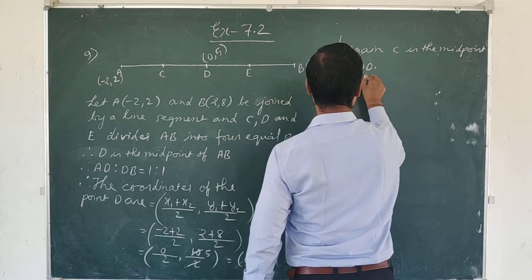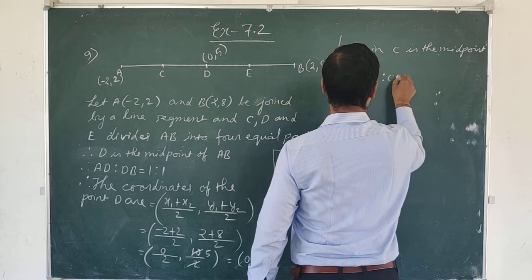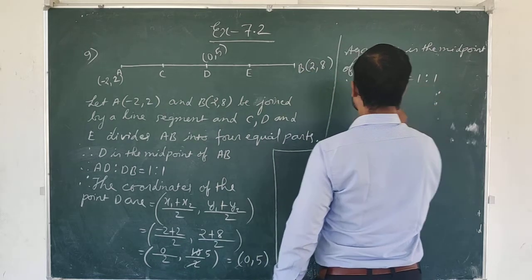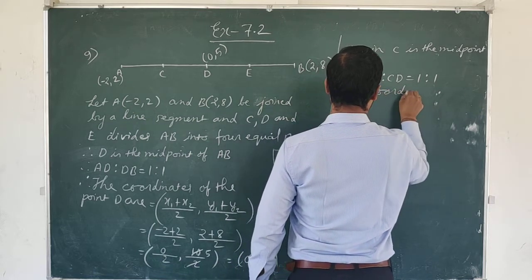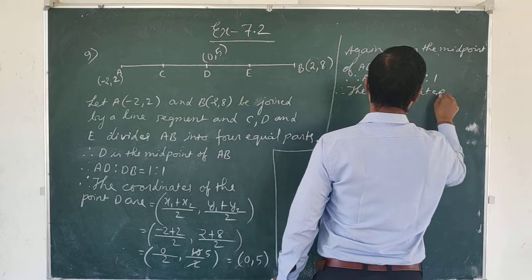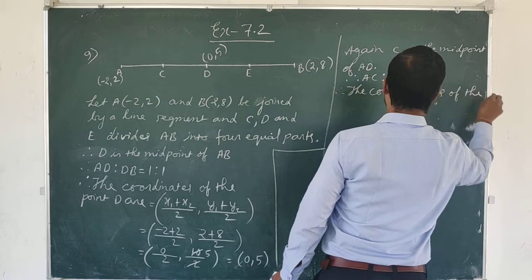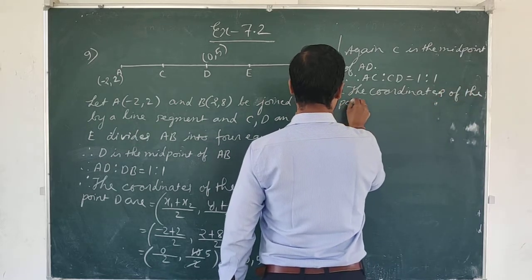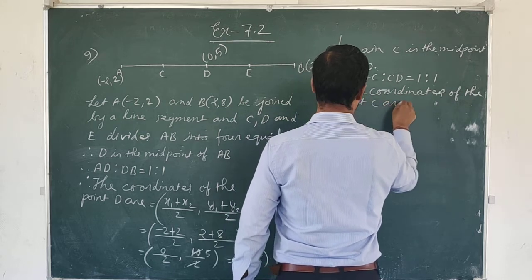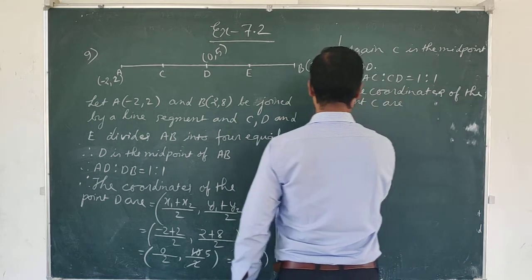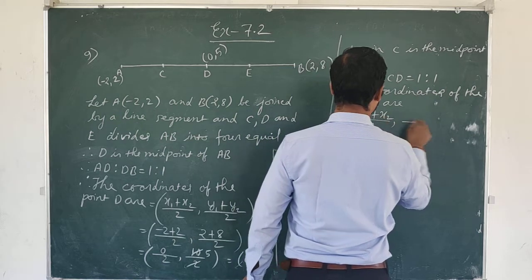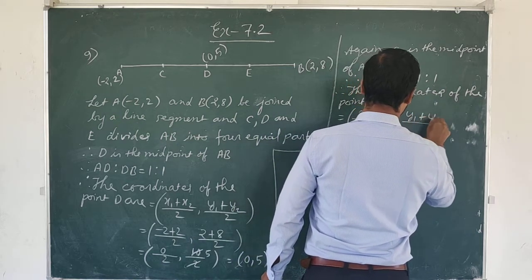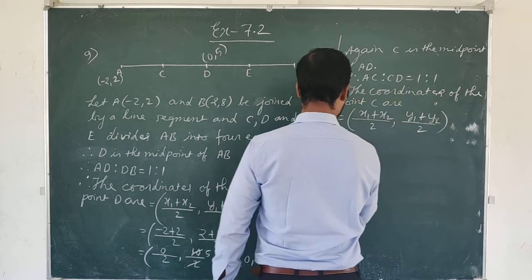Therefore, AC is to CD is 1:1. Therefore, the coordinates of the point C are equal to (x1 plus x2) by 2, (y1 plus y2) by 2.